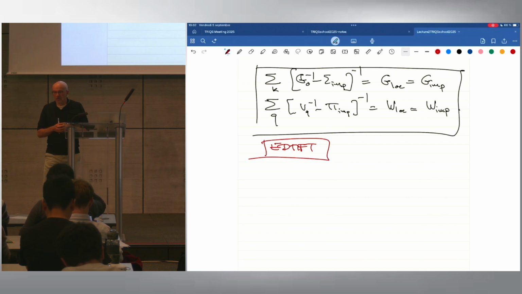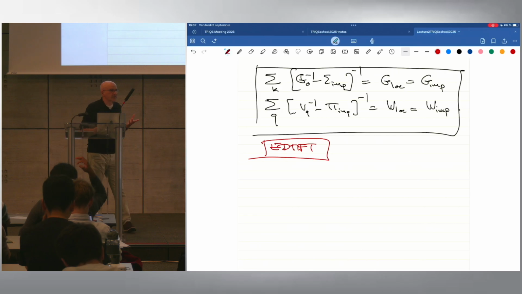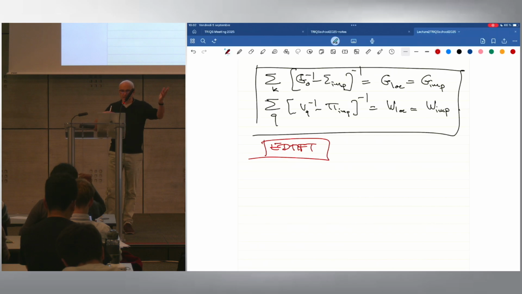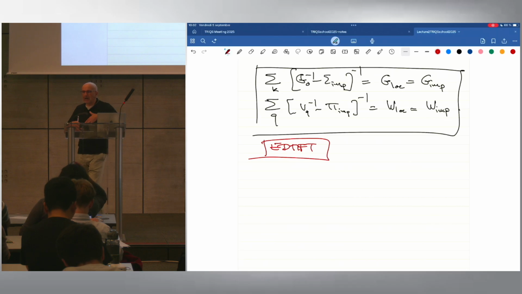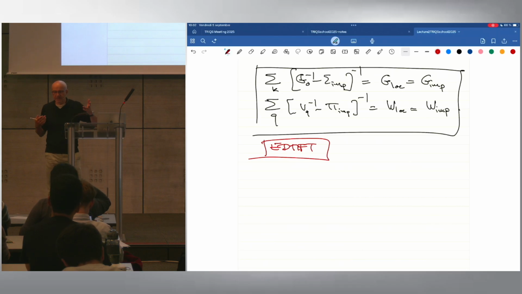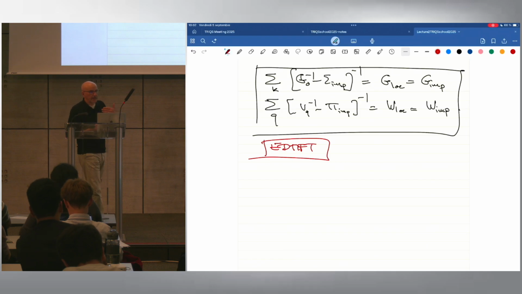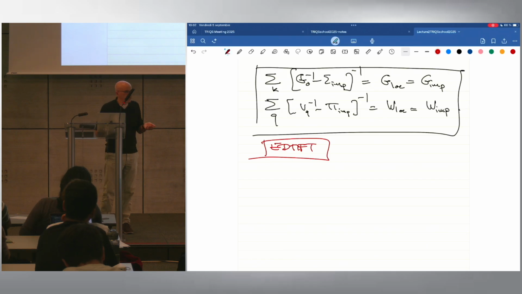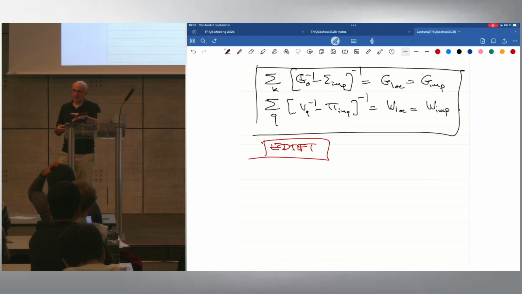We need to work with a different type of approximation for the bands or for the states that are outside my correlated Hilbert space, for which certainly the momentum dependence of the self-energy and the Q dependence of the polarizability is important, and perhaps do a locality assumption for the correlated Hilbert space.